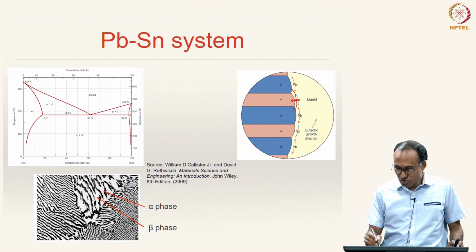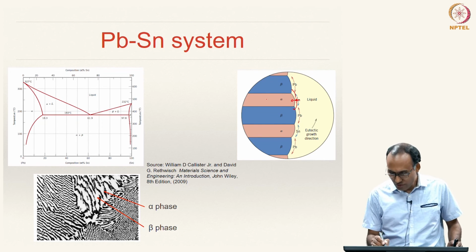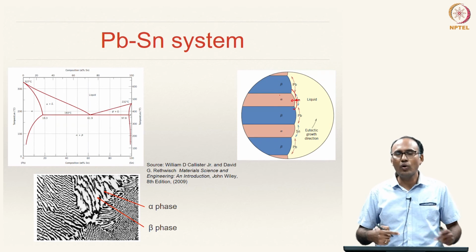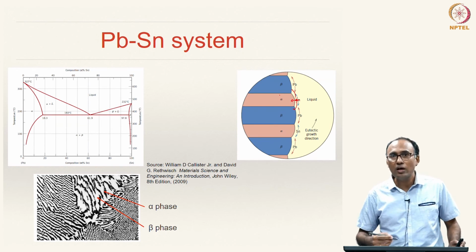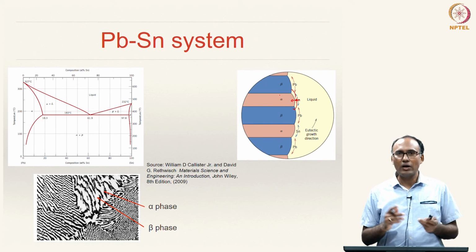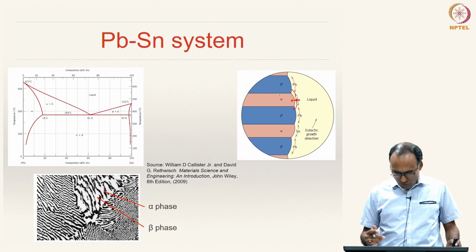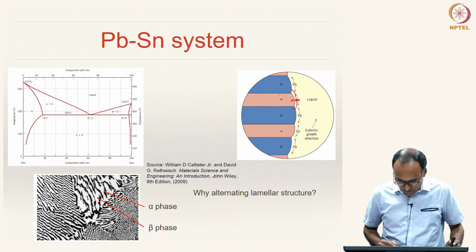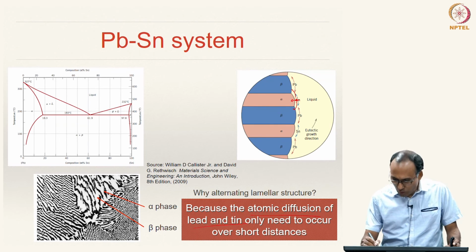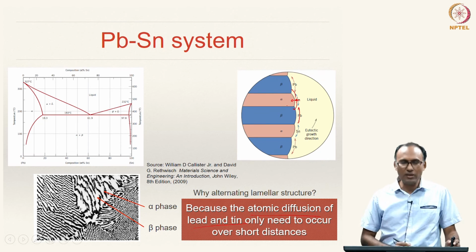That means, in the solid state, if you are forming alternate layers, the atomic diffusion needs to take place only over a shorter distance rather than forming individual grains farther away from each other. So the reason for this alternating lamellar structure is that the atomic diffusion of lead and tin only needs to occur over small distances if we are forming alternate layers.